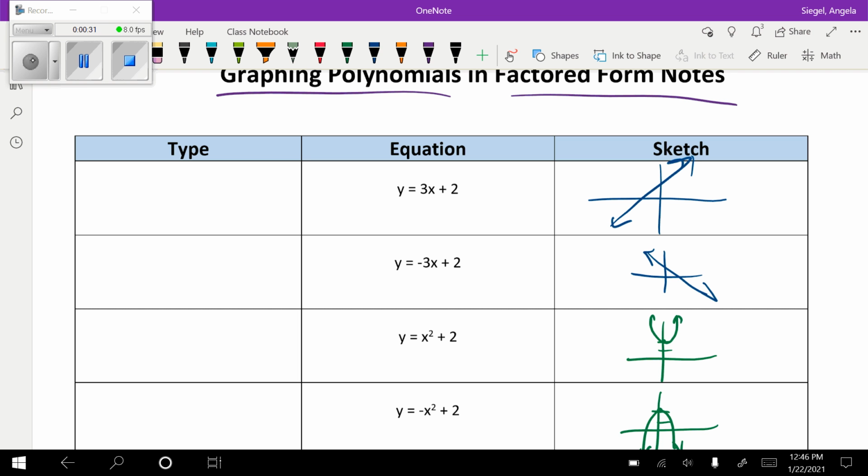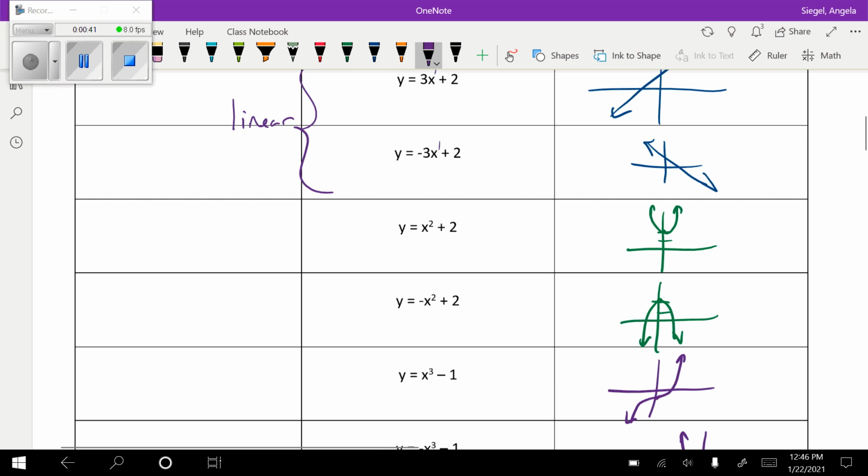The first thing is notice that these are x to the first power, and they create a line. So these are linear functions. The next two create parabolas. Notice they have the same look. So these are quadratic equations.